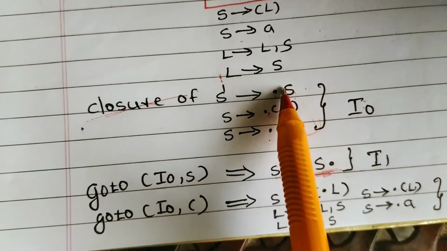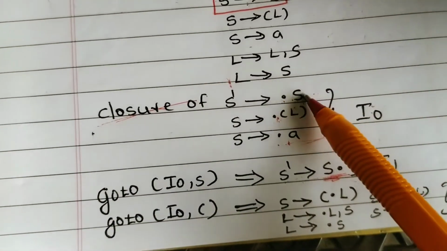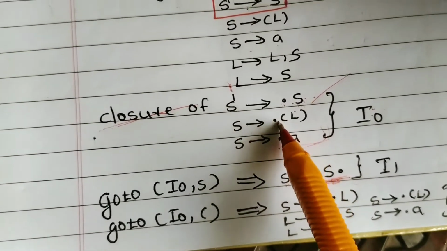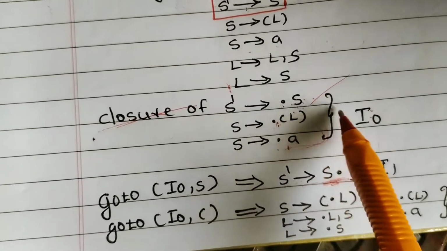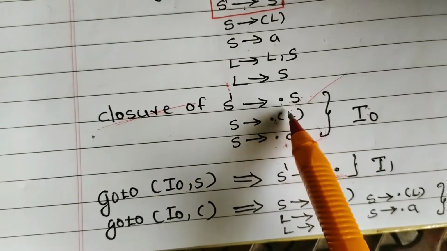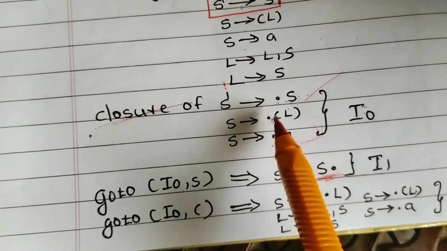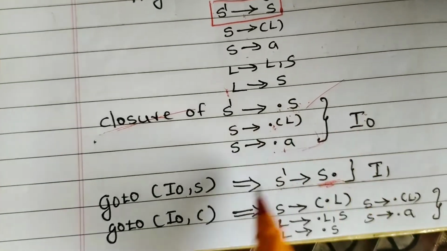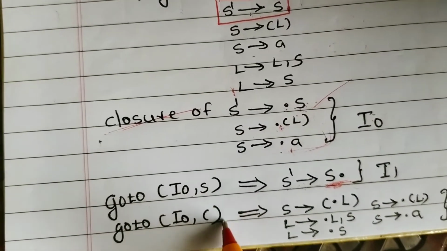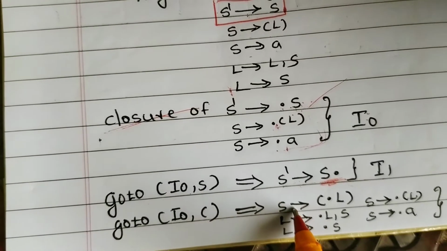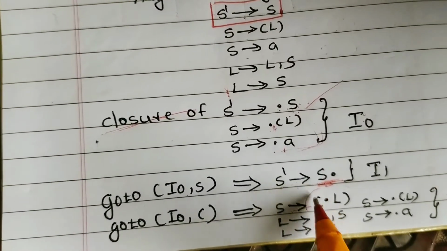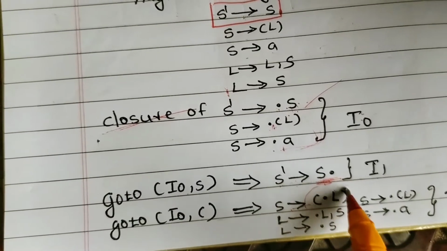In I0, the first one is clear. Next we move the dot step by step. Initially we take the open bracket: goto of I0 comma open bracket. We write S tends to open bracket dot L closing bracket.